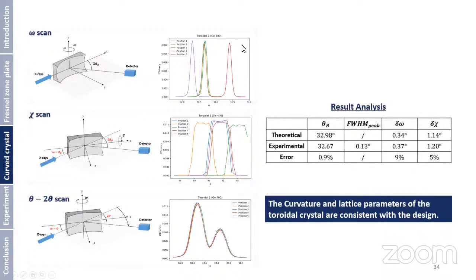Analyzing the measurement plots, we can find there are certain errors from the theoretical values for the crystal, but in general, the curvature and the lattice parameters of the toroidal crystal are basically consistent with the design.